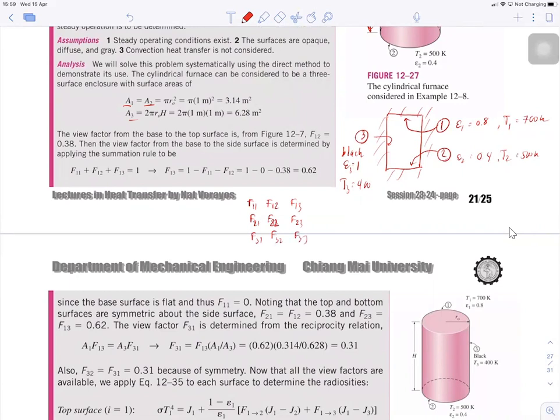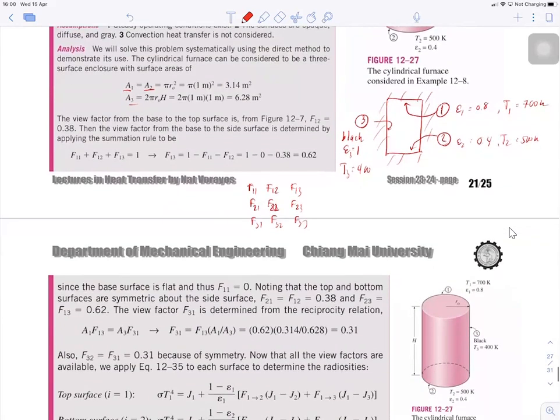Actually, there are 9 view factors possible. But you probably don't need to find all 9 of them. If you want, you can find all of them too, but you don't have to.